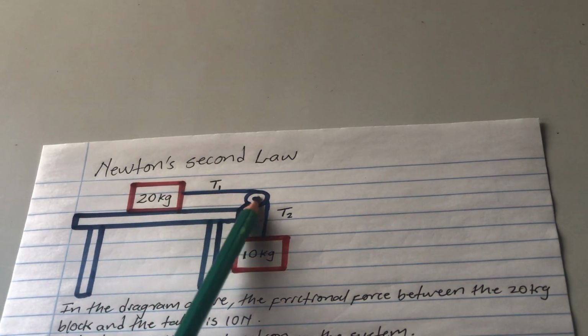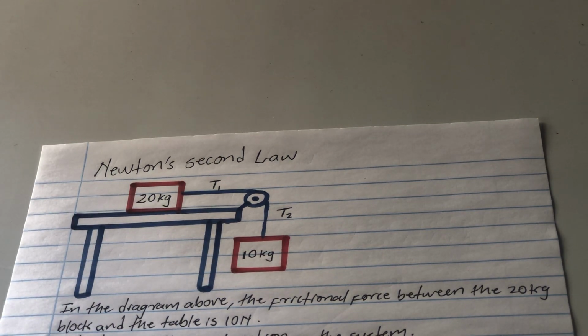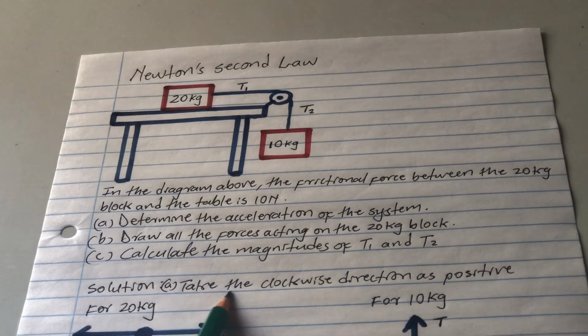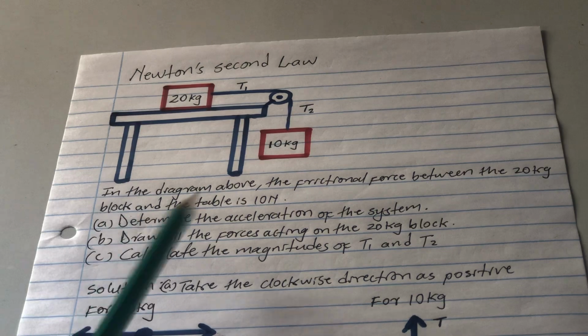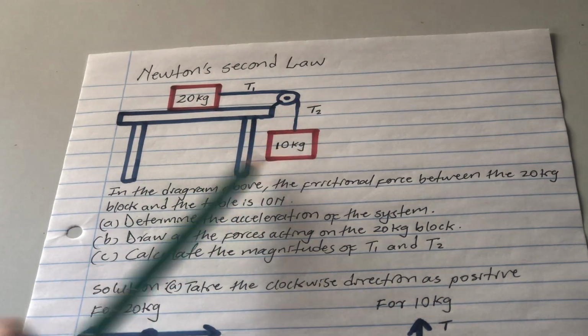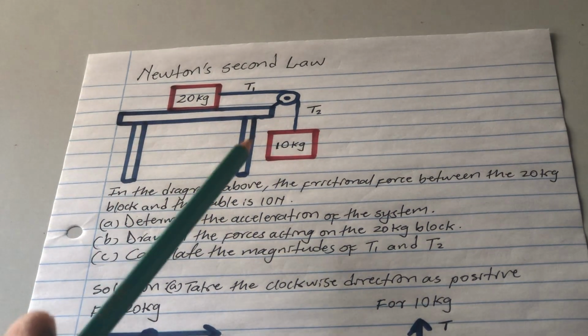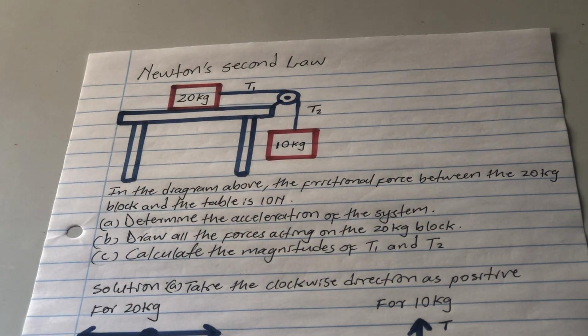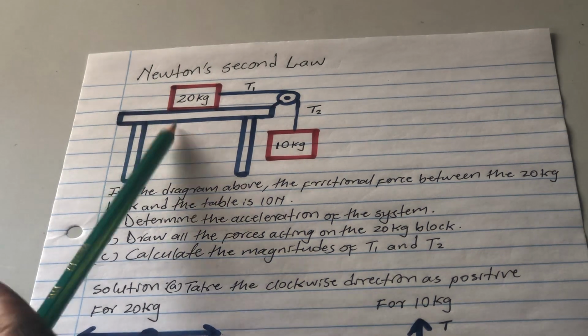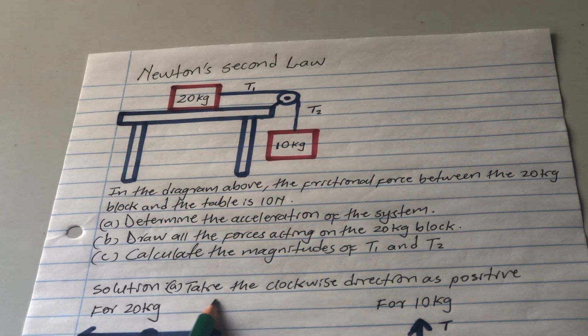Then we are going to decide on the direction based on that. Take the clockwise direction as positive, which means that anti-clockwise will be negative. For 20 kg and 10 kg, we will take the clockwise direction as positive.